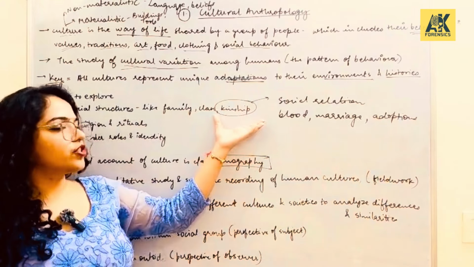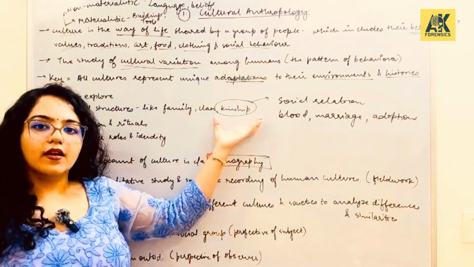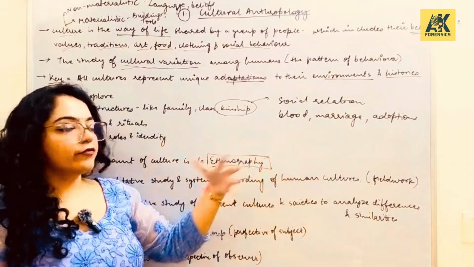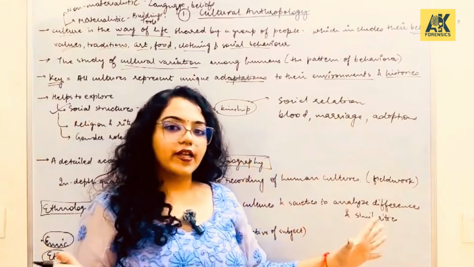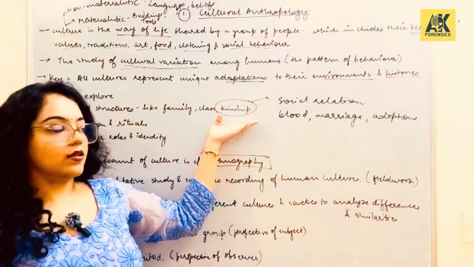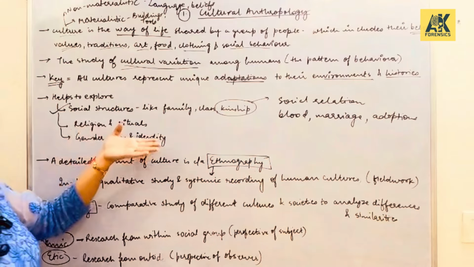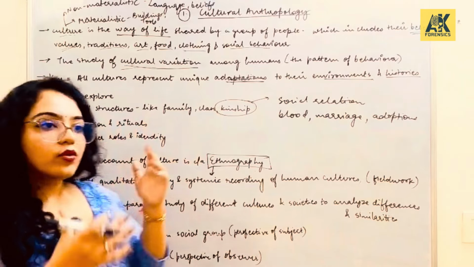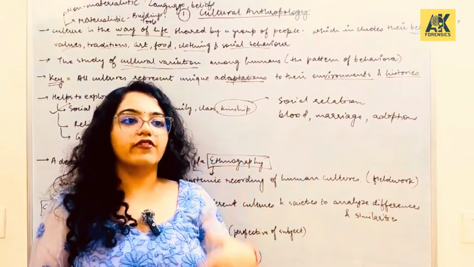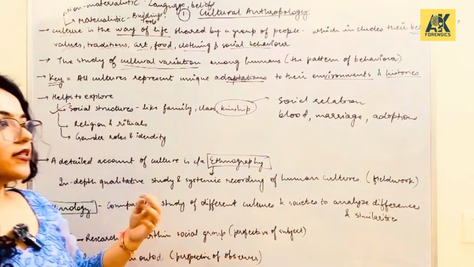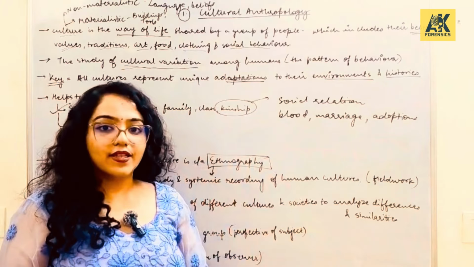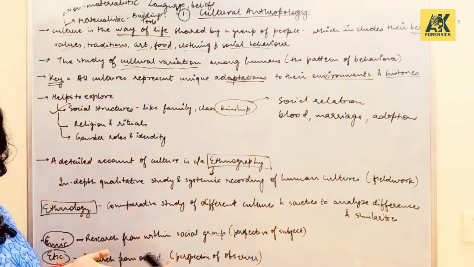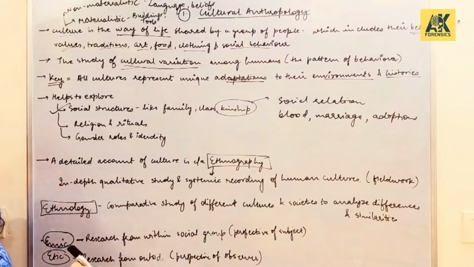You can say kinship is mostly making a family tree. A big family tree, if we go on making it, is called a kinship analysis. So culture helps us understand these social structures, how many people we call family, what our concept of family is, right? These are all ideas that we have adapted from our previous generations, and we are following them and passing them on to our next generations.